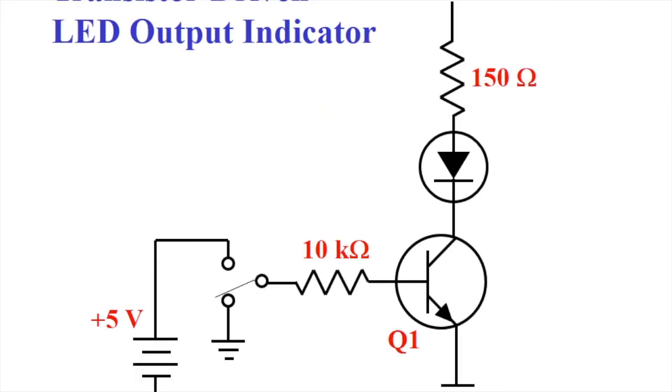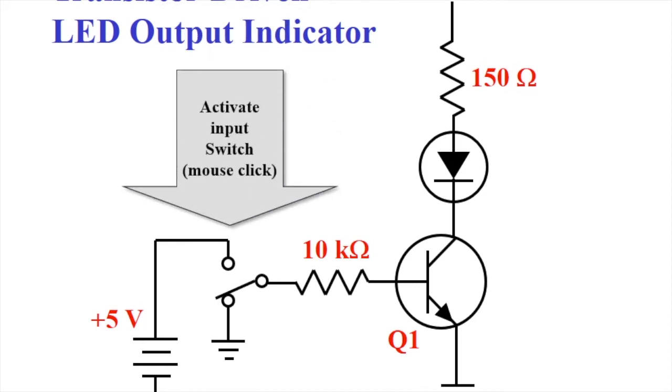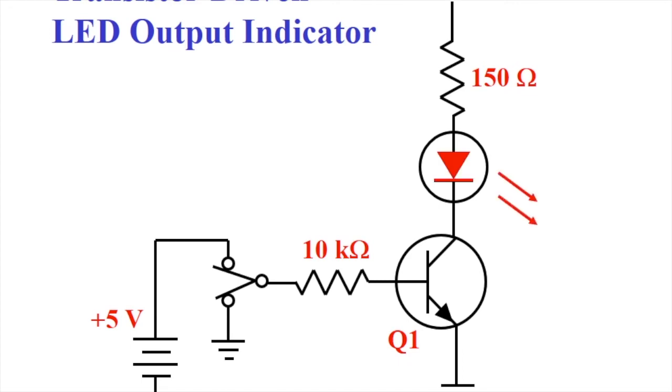Now, here's the transistor-driven LED output indicator. You turn the switch on. It turns on the transistor, which causes current to flow through the transistor, lighting up the LED.